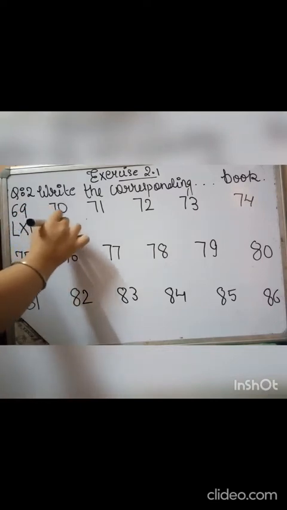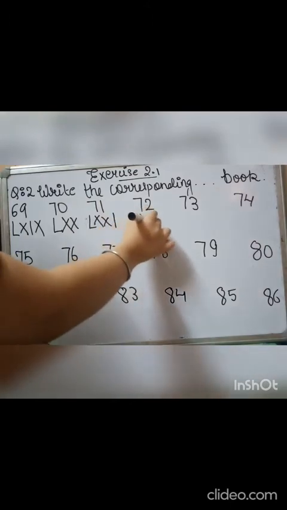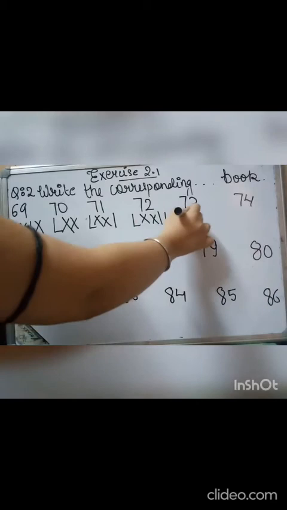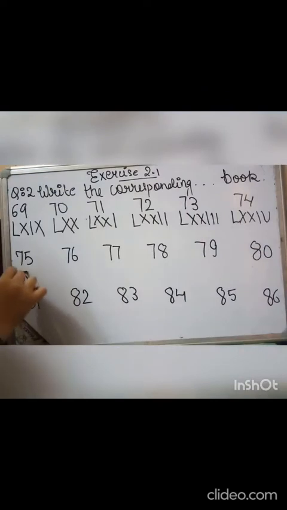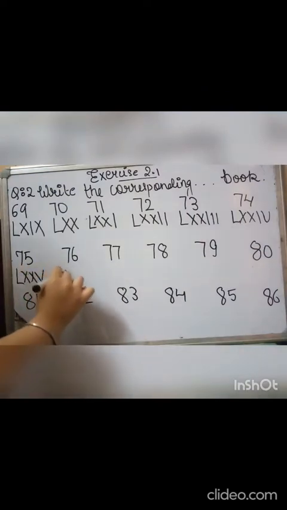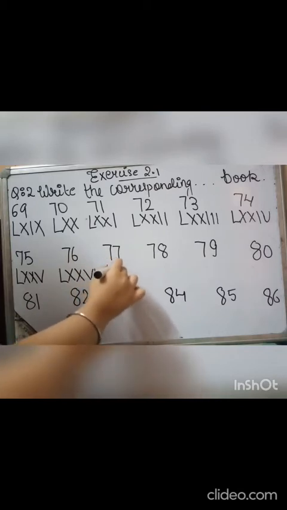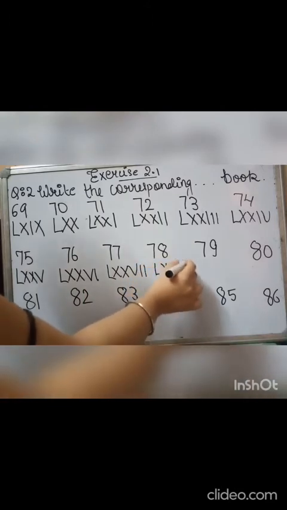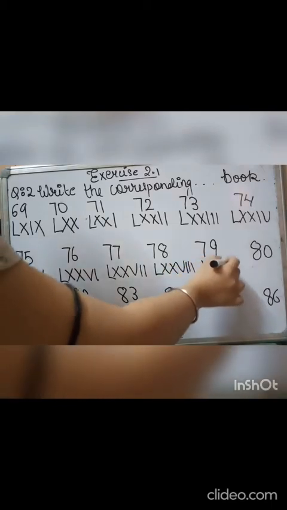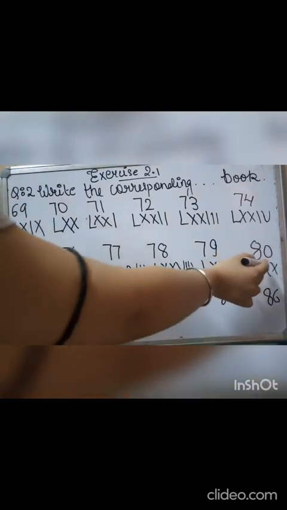And then now 70, 71, 72, 73, 74 is LXXIV, 75, 76, 77, 78, 79, and then LXXX for 80. 50, 60, 70, 80.